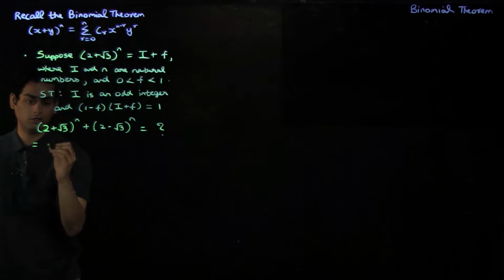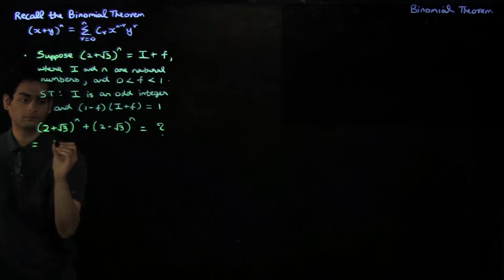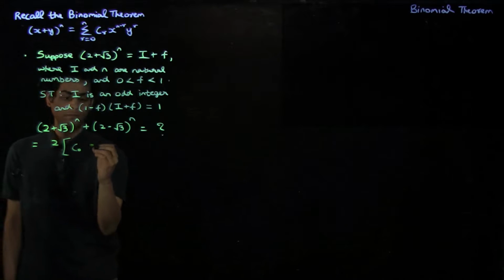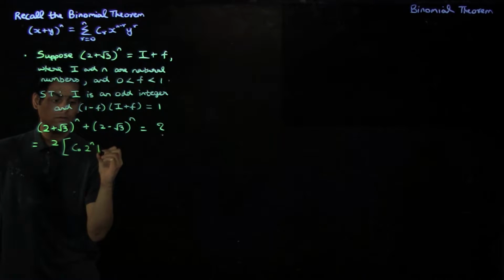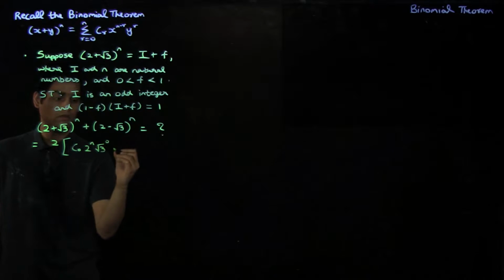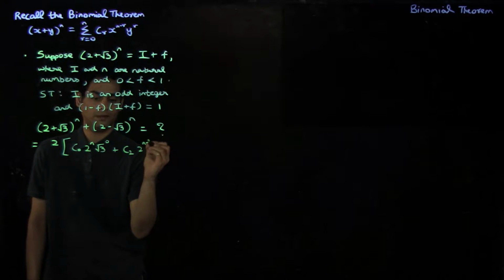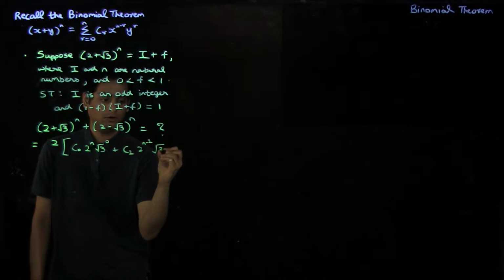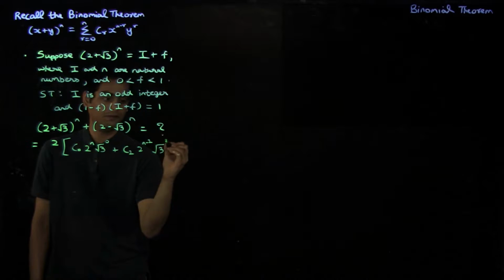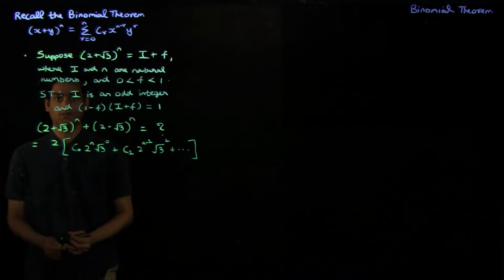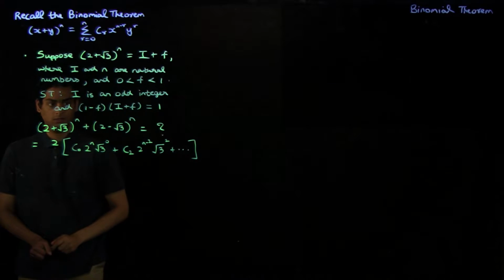So this is equal to 2 times [C0 2^n (√3)^0 + C2 2^(n−2) (√3)^2 and so on]. This is a result which we've seen in one of our previous lectures.